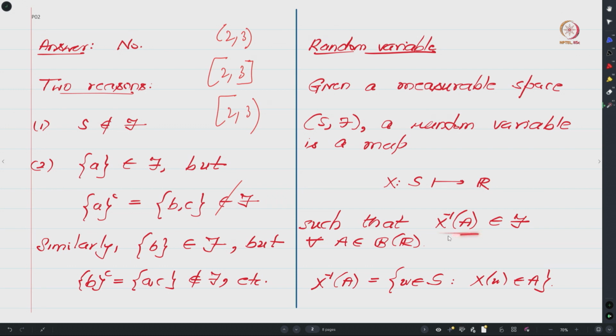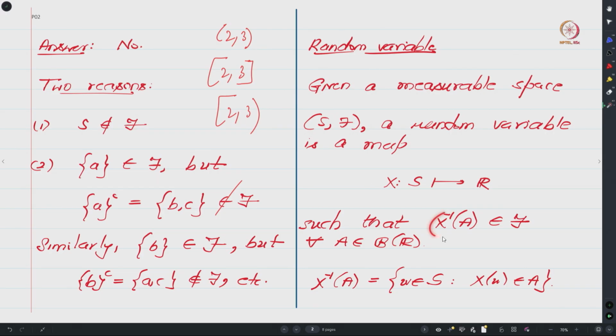And I would like to highlight here that typically when we talk of inverse functions and so on, we require that the original function be bijective, that is it should be one to one and onto, and only then do we talk about the existence of the inverse of a function.